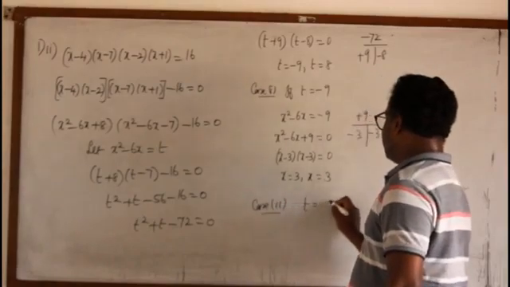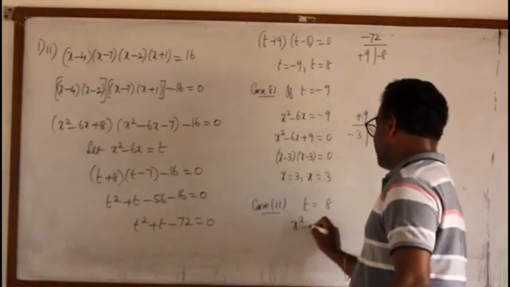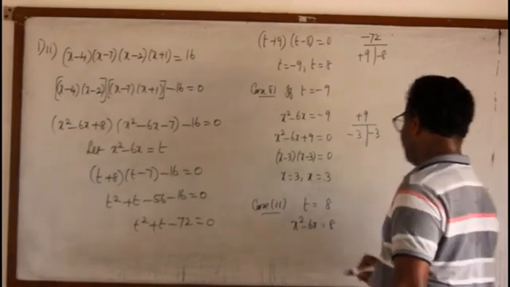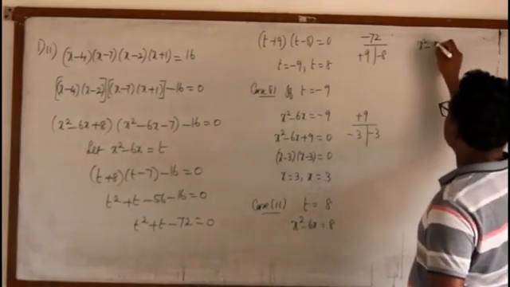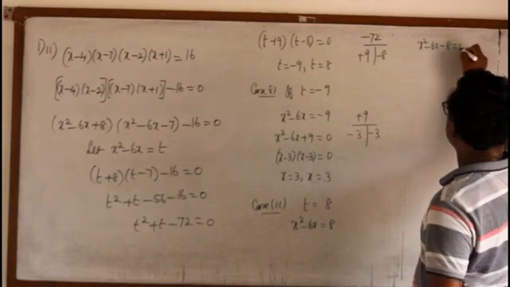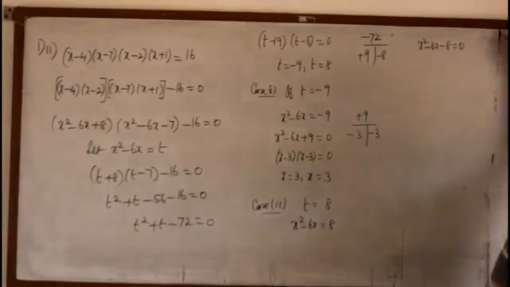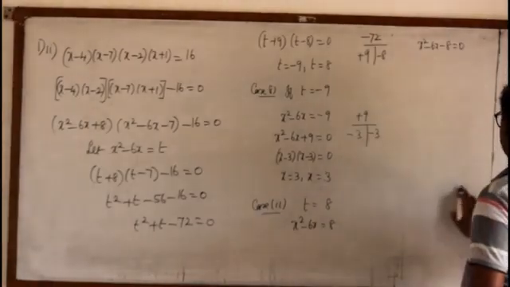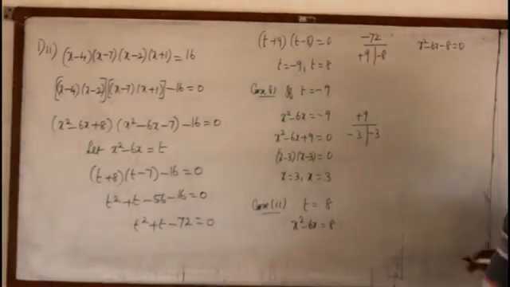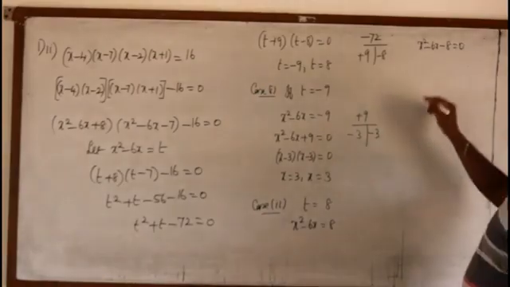Same, when t equal to 8, that is x square minus 6x equal to 8, x square minus 6x minus 8 equal to 0. Minus 8 cannot be factorized. You have to be very careful, because I cannot get minus 6 from factors of minus 8. So we can go for the formula.